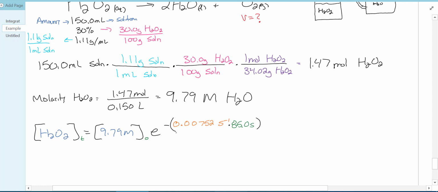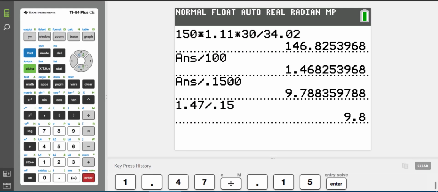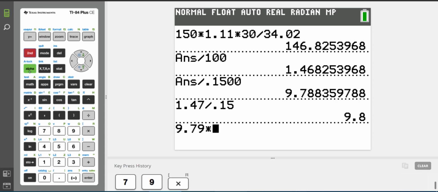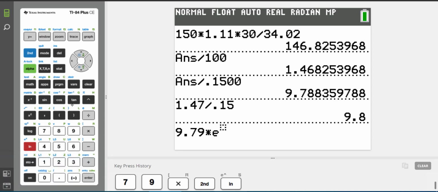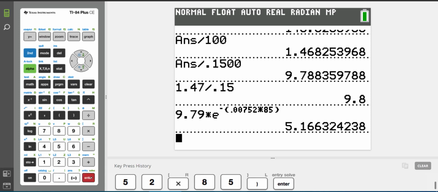All right, let's put this into the calculator. So I take my 9.79 times e to the negative, we got 0.00752 times 85, and do I get 5.17? Perfect.